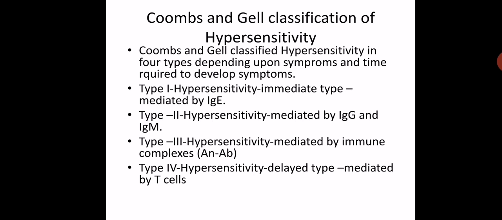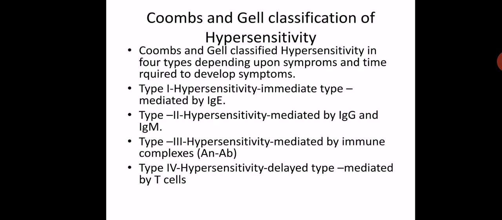In certain cases, the reactions or symptoms require some time period to appear. So there may be delay in the development of reaction. That type of reaction is called delayed type of hypersensitive reaction, where some time period is required upon entry of the antigen.